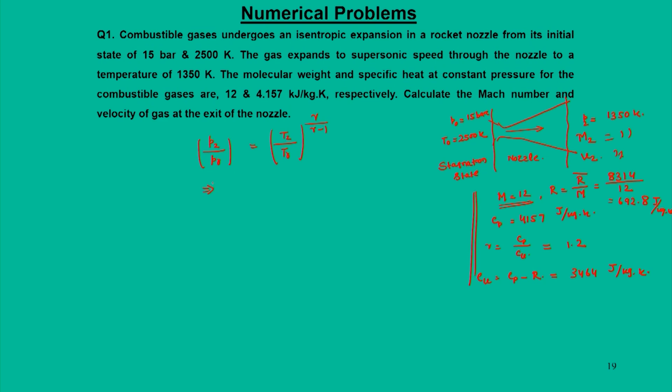From this equation we can calculate P2 as 15, that is P naught, into T2 over T naught, 1350 by 2500, to the power 1.2 divided by 0.2. So, this is 0.372 bar.